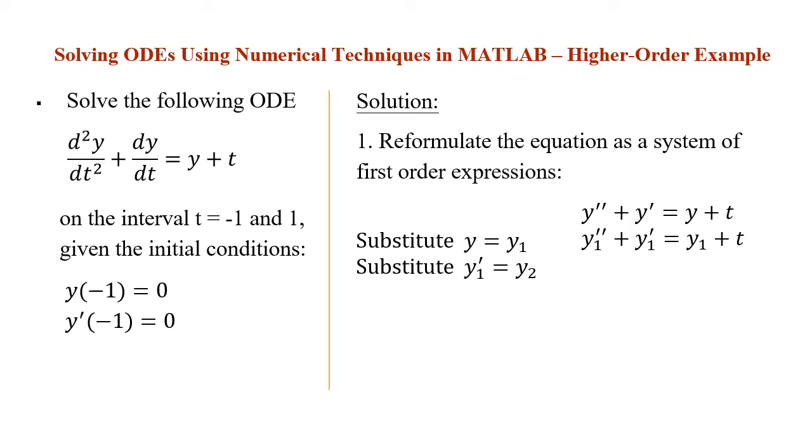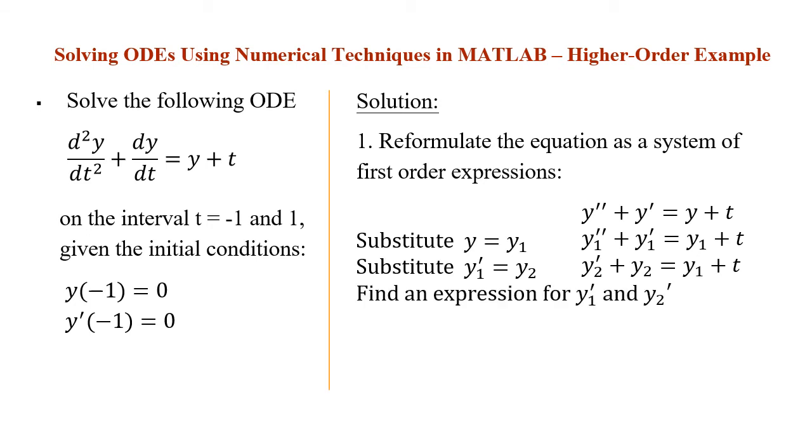Next, what I'm going to do is substitute y1 prime with y2. So this will apply to any system that you may have. You'll still do the same things here. So the expression becomes y2 prime plus y2 is equal to y1 plus t.